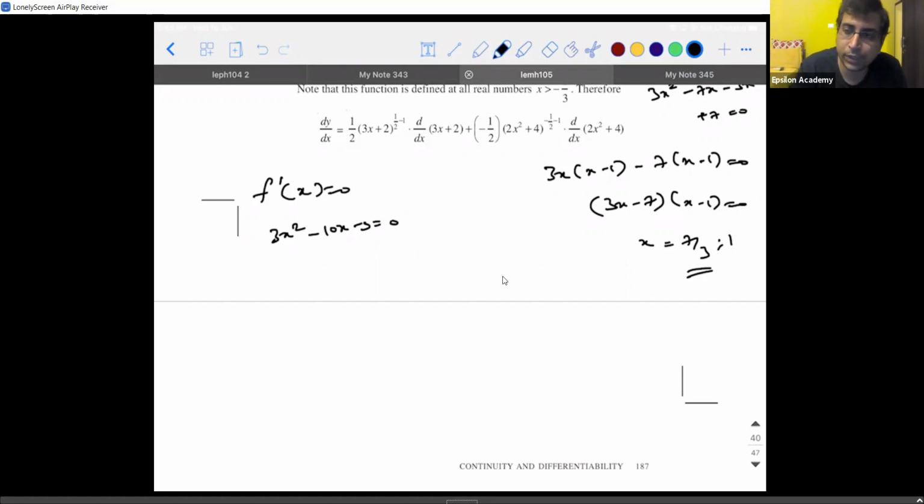Since you are getting f of A not equal to f of B, you need not find any value of C.